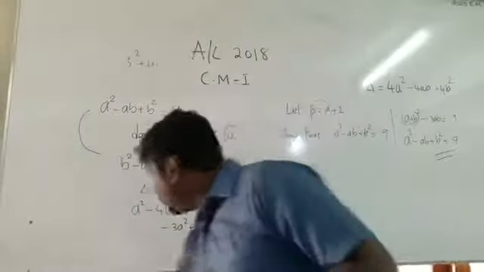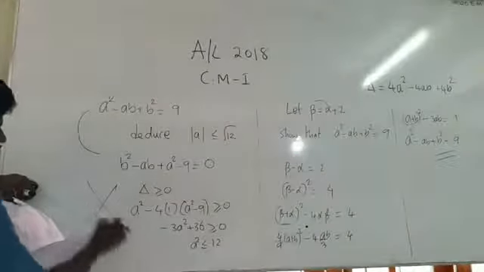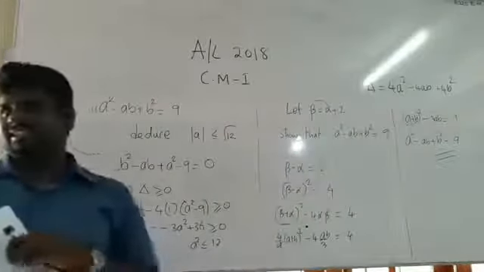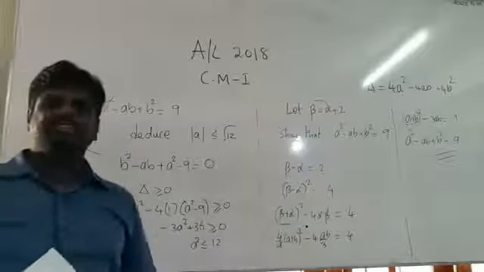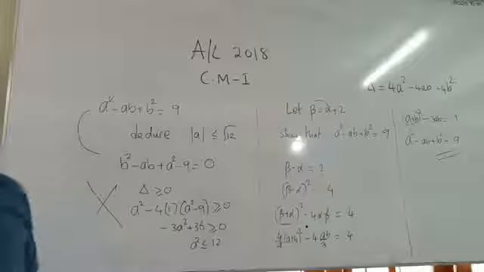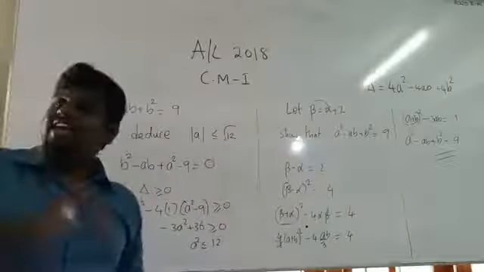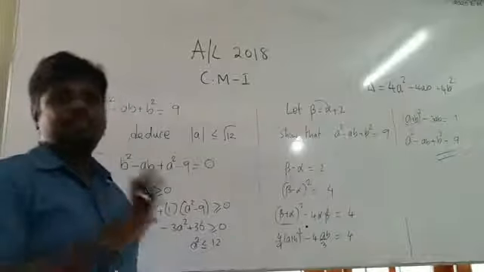So if you do it like this, I think this is not nice. The answer may come, but the way is not correct. So there should be a proper way other than this.